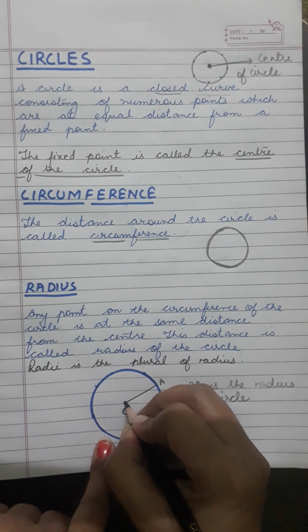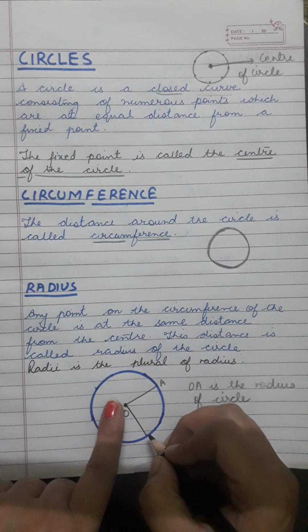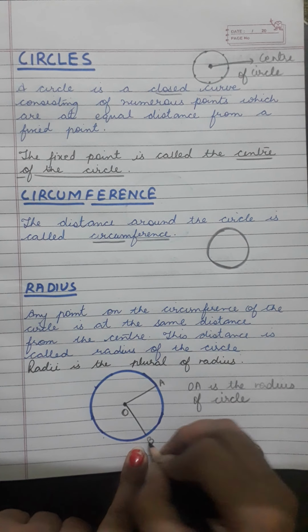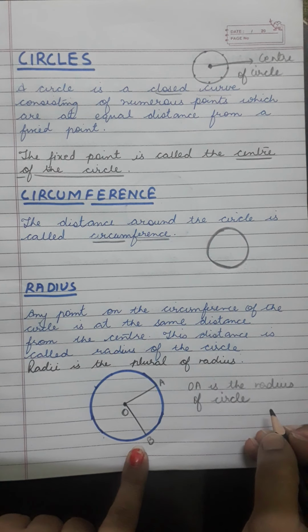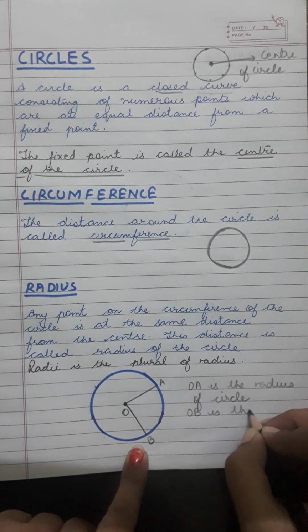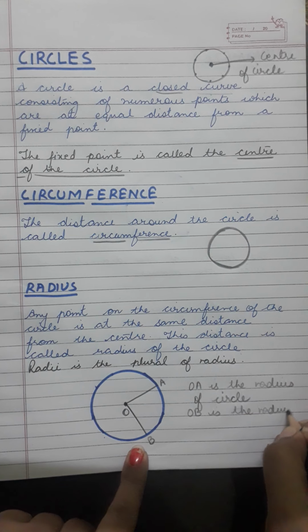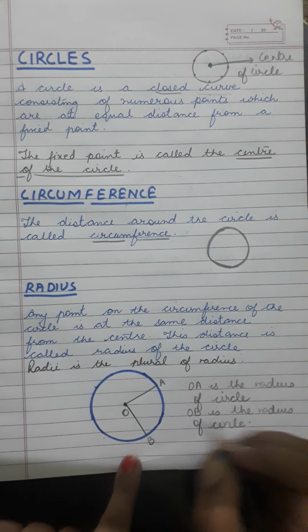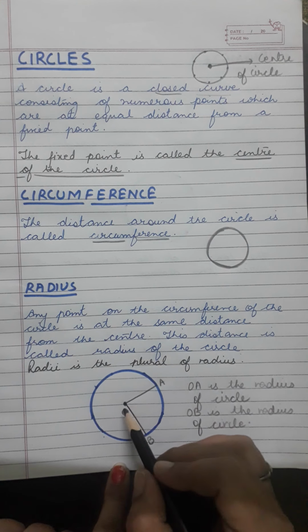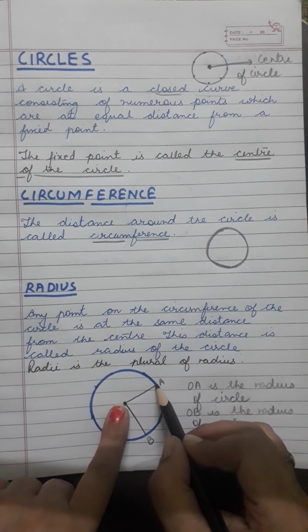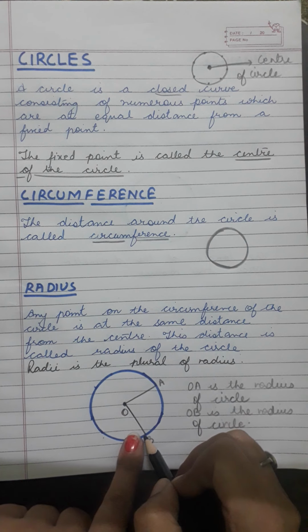Similarly, from this point we can draw a line to this point also, and this will also be a radius of the circle. So OB is also a radius of the circle, and in a circle the radii are equal.